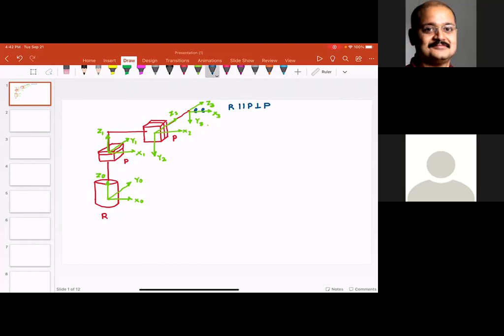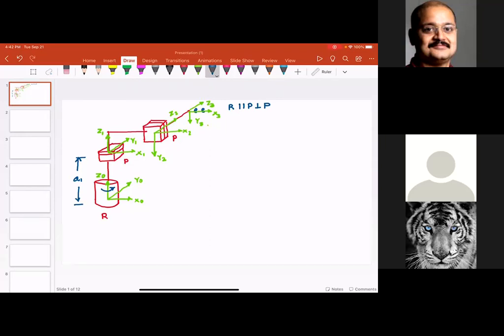And I'm going to give you some distances. I'm going to call this distance A1 and this angle theta 1.